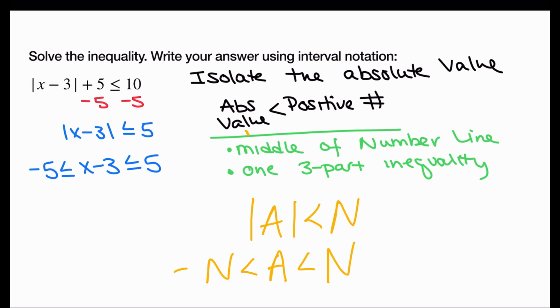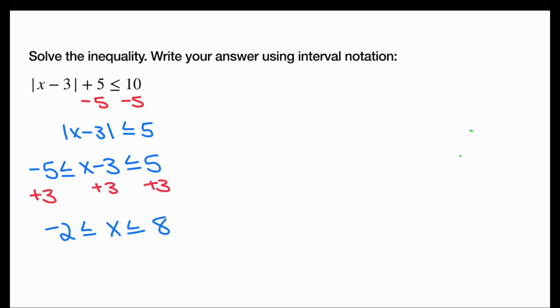And so I can take my absolute value inequality and rewrite it as negative 5 is less than or equal to x minus 3 is less than or equal to 5. I can solve this by isolating the x by adding 3 to all three parts. That gives me negative 2 less than or equal to x less than or equal to 8. So we are talking about all points between negative 2 and 8. And because I have those or equal to symbols, I can use the square brackets.